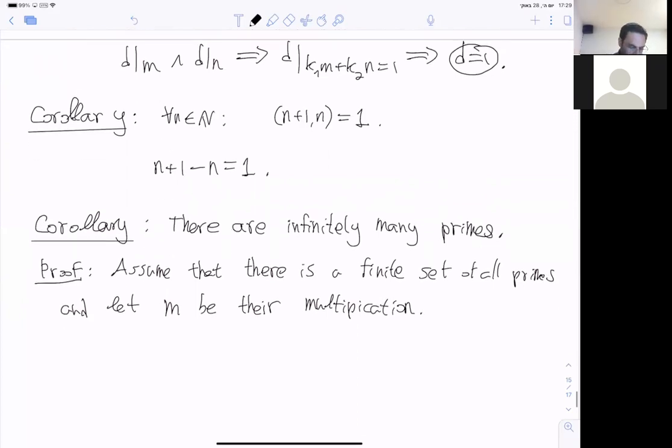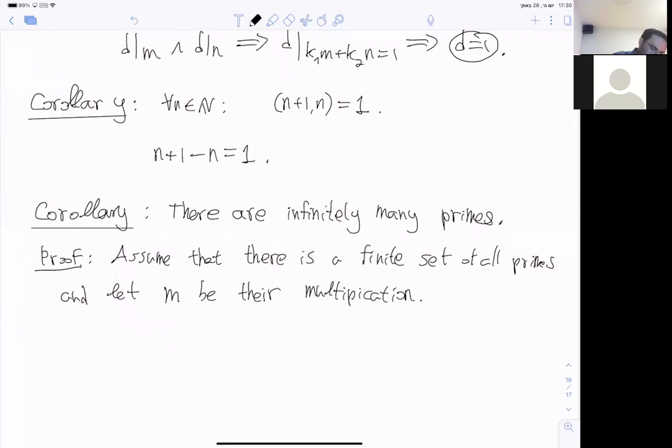And then what? But M plus 1 is coprime to M. So in this decomposition, you must have other primes than this one.